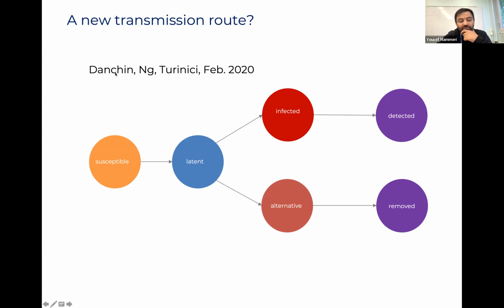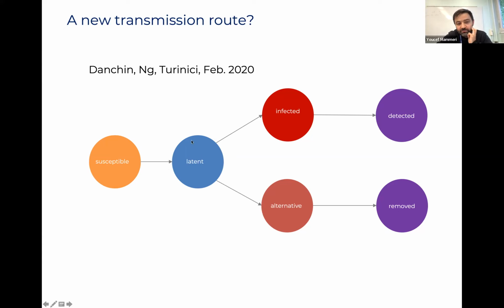One of the very first papers I have seen, to my knowledge, talking about a new way of transmission, is this paper from Danshan, who is a co-author. Forget the bottom part. If you just look at the upper part, you have the susceptible, infected, and detected, or removed, so this is almost the same.